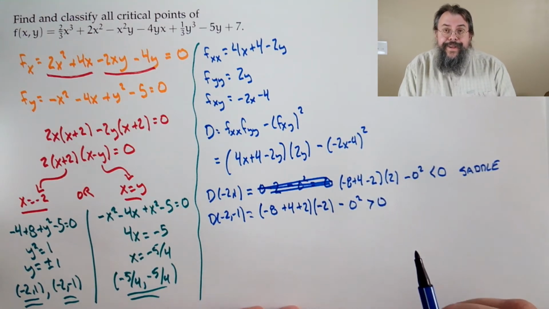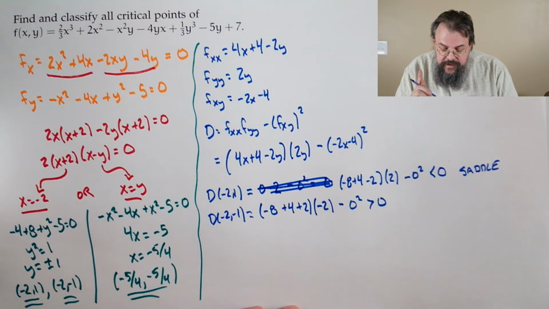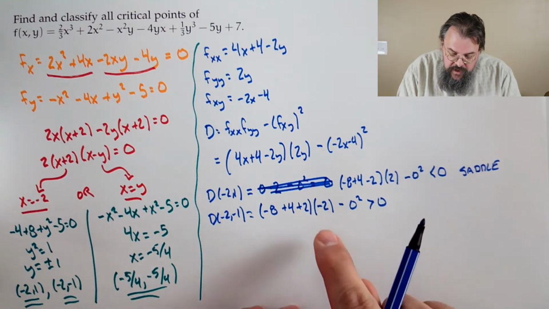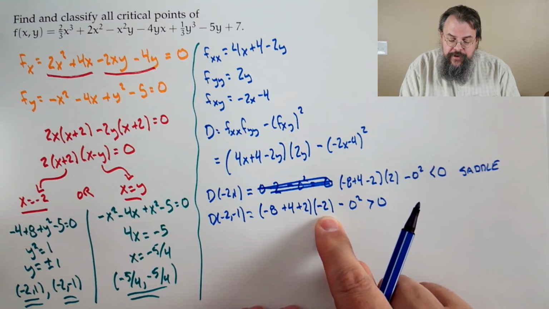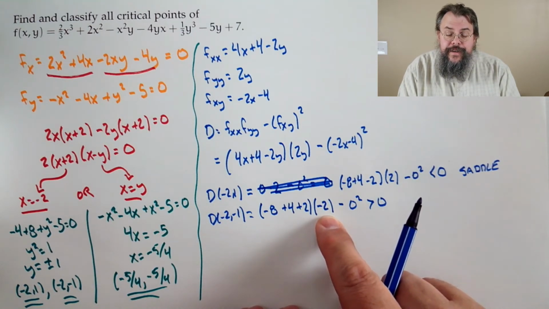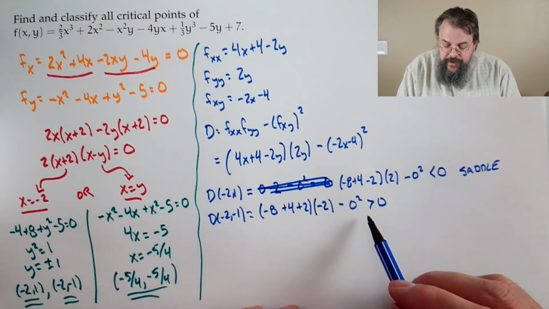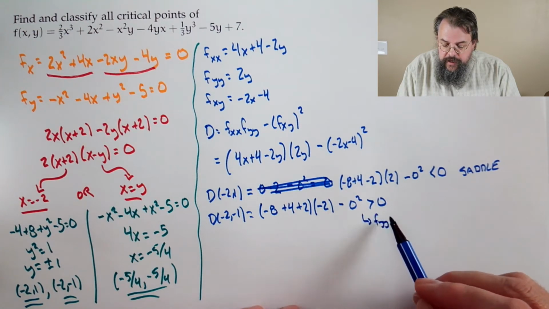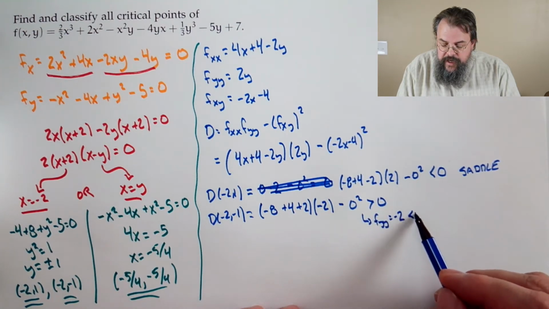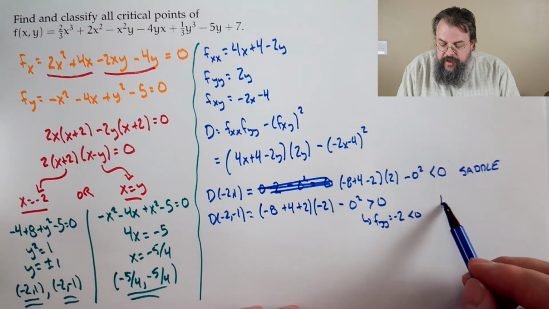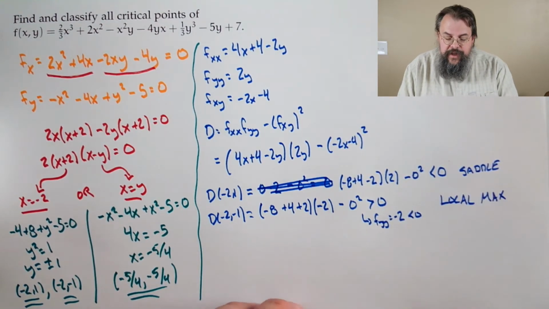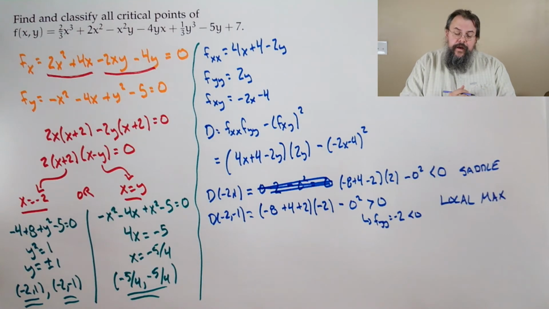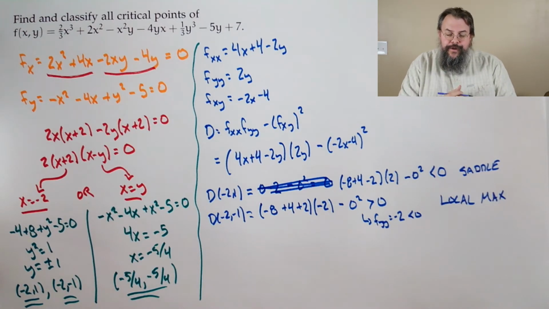Great. And look at the sign. It's negative for the fyy. So since fyy is negative 2, that says this has to be a local max. All right, good.